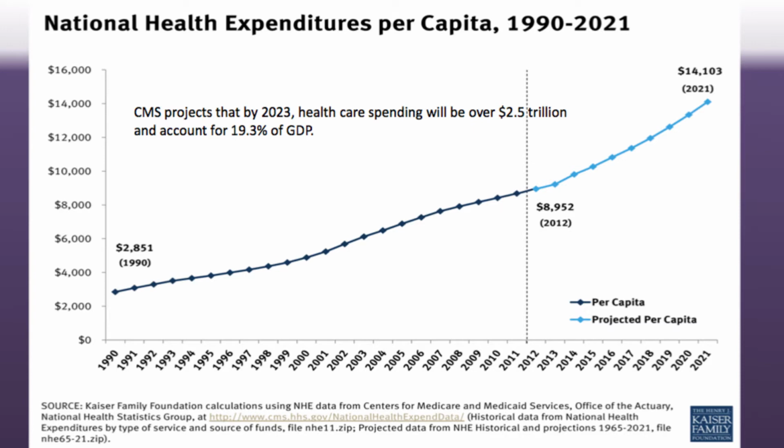So we really need to think about, why are we spending so much, and what can we do to ensure that we're getting the best bang for a buck? That sounds crass to say, but remember, effectiveness can have a huge impact on people's health.